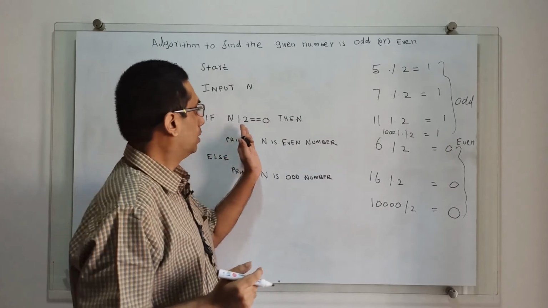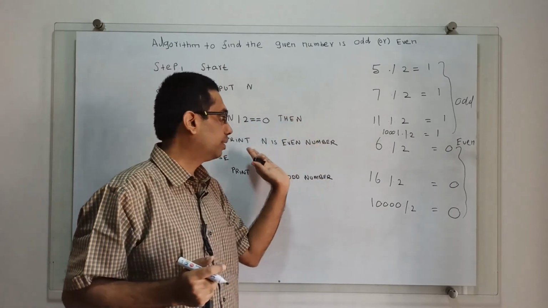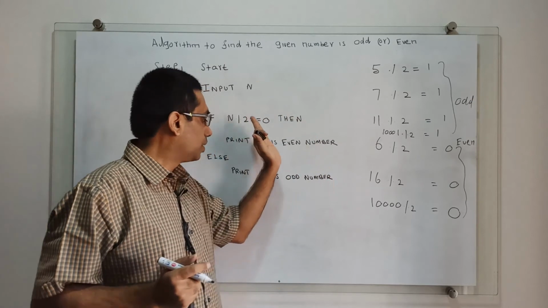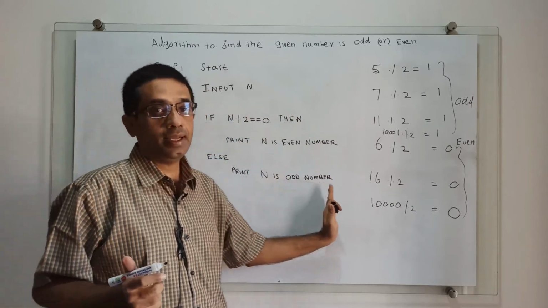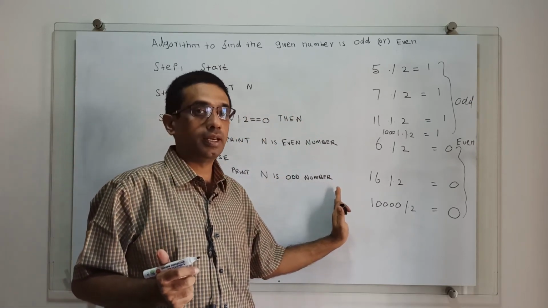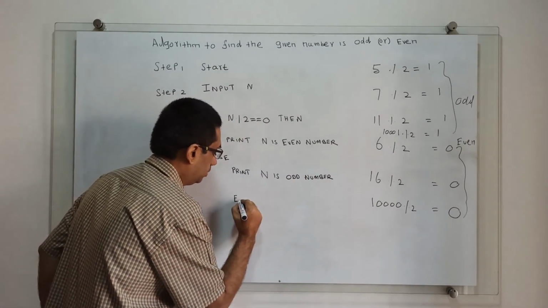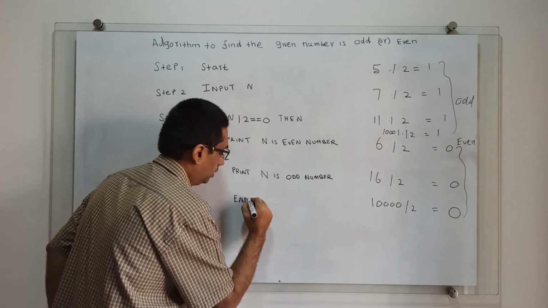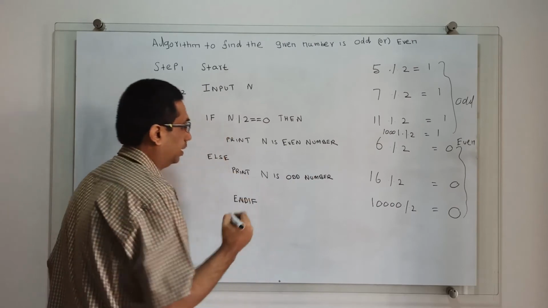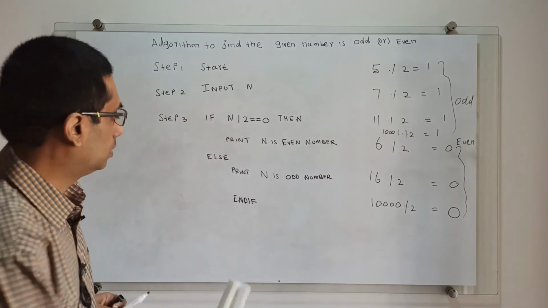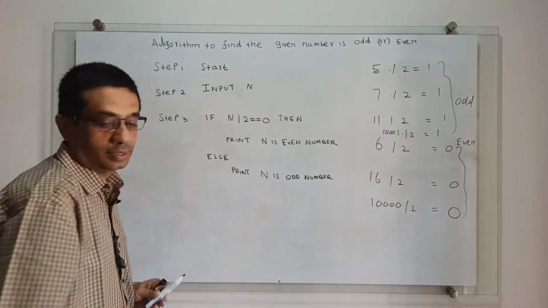If n modulo 2 equals 0, then n is an even number. Otherwise, n modulo 2 is not equal to 0, then n is an odd number. So this is our logic. Then end if. Sorry, end if should not be indented under else.